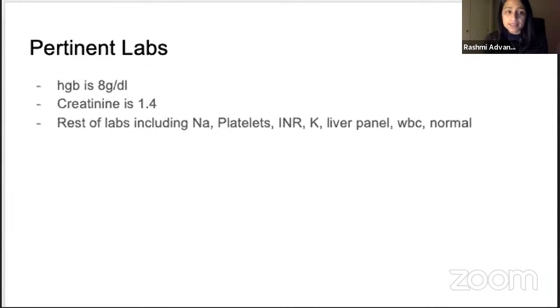I'm only going to talk about the pertinent labs, but as you know, CBC is a whole panel of results. So you have the white count, you have the hemoglobin, the hematocrit, and the platelet count. And her hemoglobin is 8 grams per deciliter, and her baseline is 11. She's a normal menstruating young woman, but she's typically around 11.